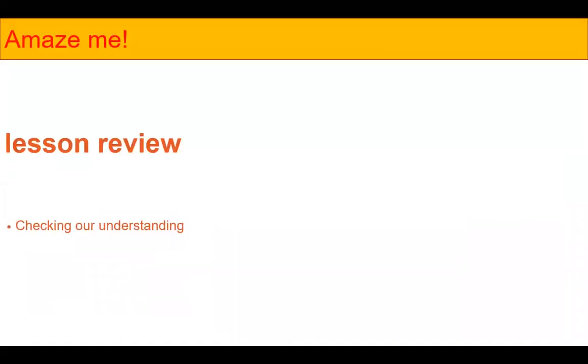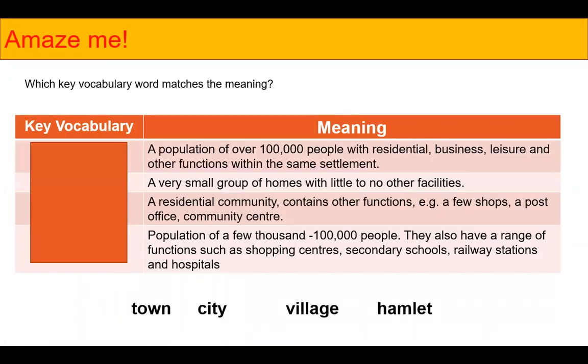Okay, and then we're going to move on to our lesson review and checking our understanding. I'm going to read out the 4 definitions, and we are going to go through each one and see if you can get the right answer. Which settlement has a population of over 100,000 people with residential, businesses, leisure, and other functions within the same settlement? Second one, which settlement is a very small group of homes with little or no facilities?